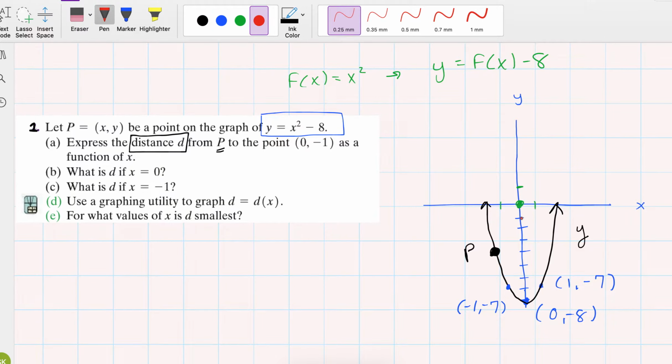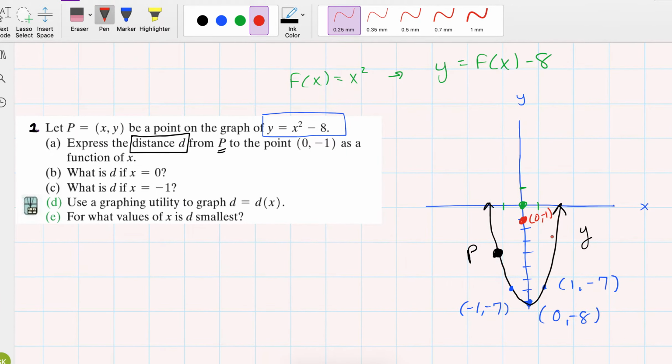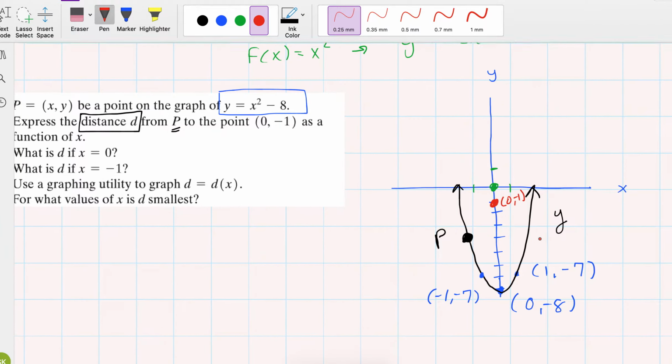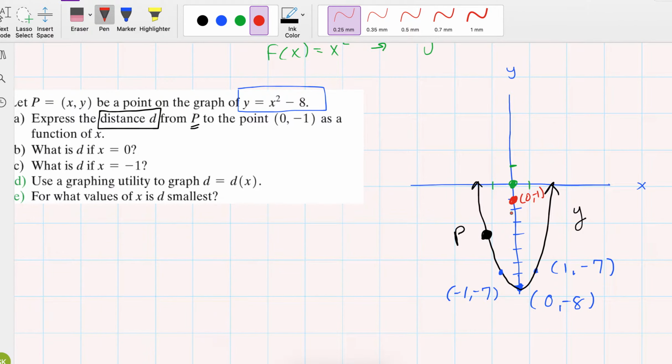So (0, -1) is right here. Let me zoom in a little bit. And I want to write it as a function of x. So this point P, let me put over here that P equals (x, y).